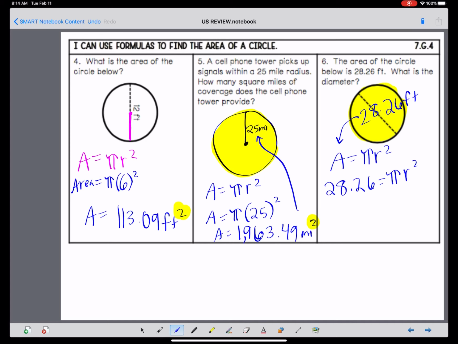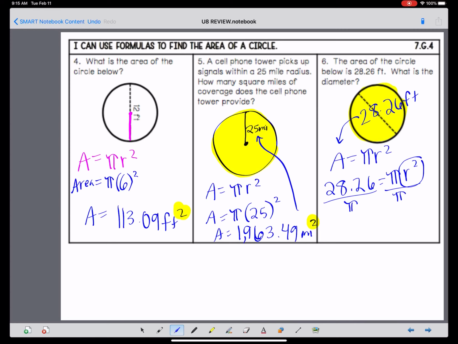This is where things get a little bit tricky. The first step, we're going to have to get rid of pi because eventually we want to get r all by itself. So let's get rid of pi by dividing by pi. Or you could divide by 3.14 if you like that better.